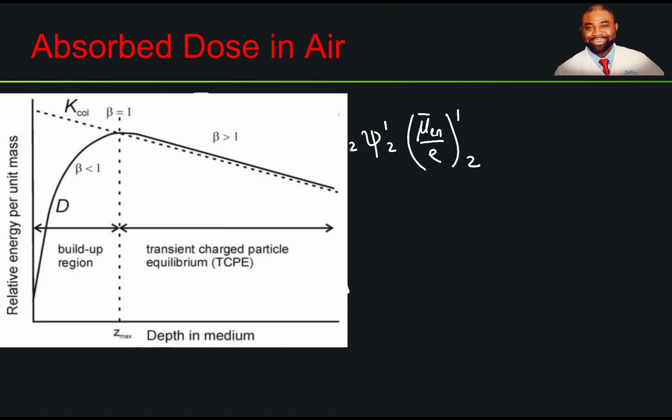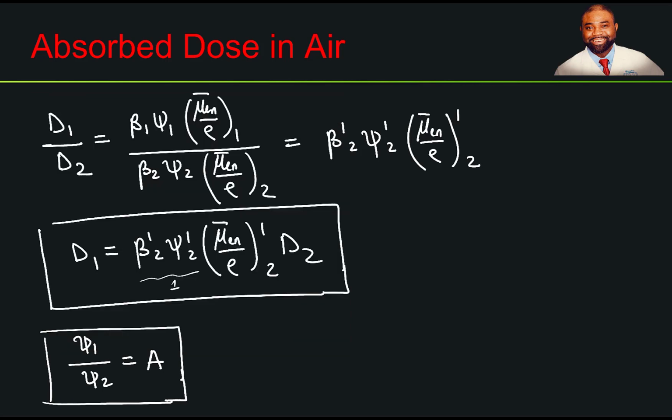Secondly, the ratio psi 1 over psi 2 is defined as the transmission factor. Some authors also call it the displacement factor.